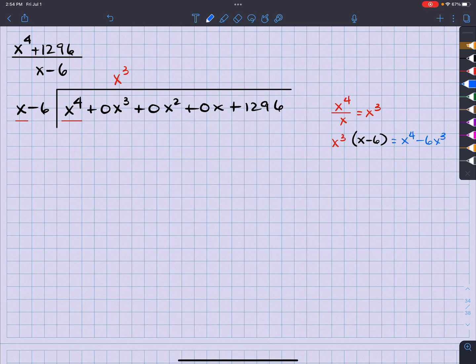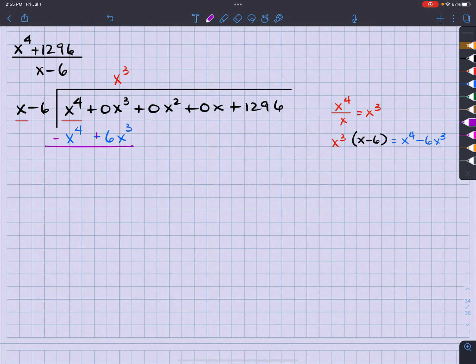I transfer that over here: x to the 4th minus 6x to the 3rd. That was step 2. Step 3 is to flip the signs of each term I just got. So x to the 4th is positive, it becomes negative, and negative 6x to the 3rd becomes plus 6x to the 3rd.